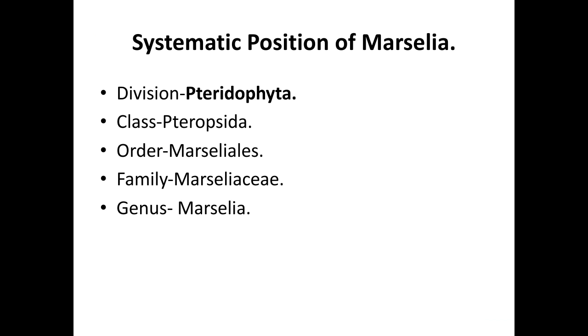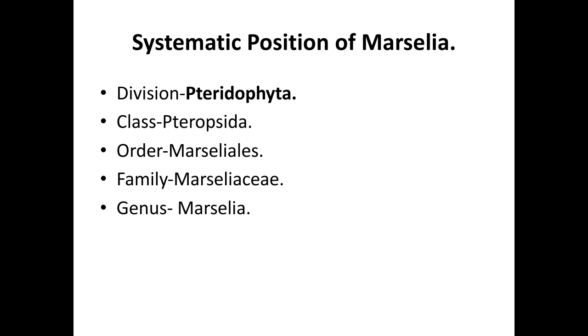Then remember Marsilea is put into order Marsileales. The members are heterosporous. The spores are generally of two types. The smaller spore is known as microspore, and the spore which is bigger in size is known as megaspore.